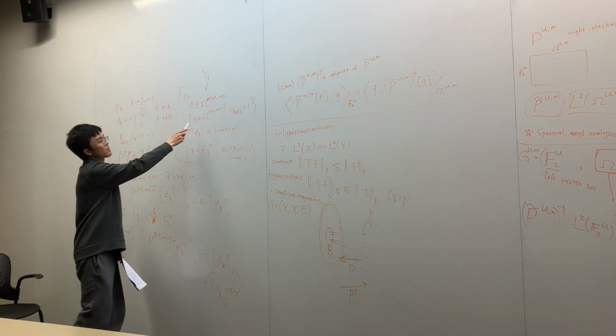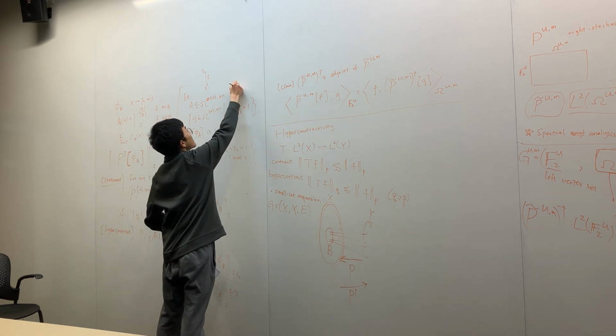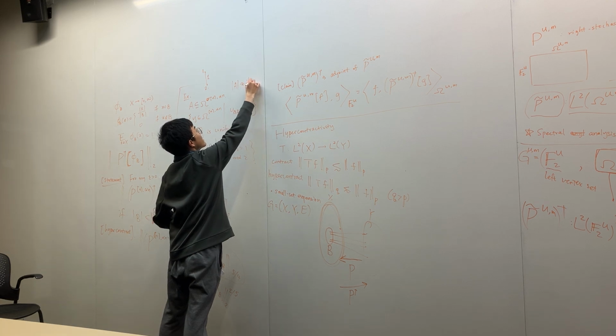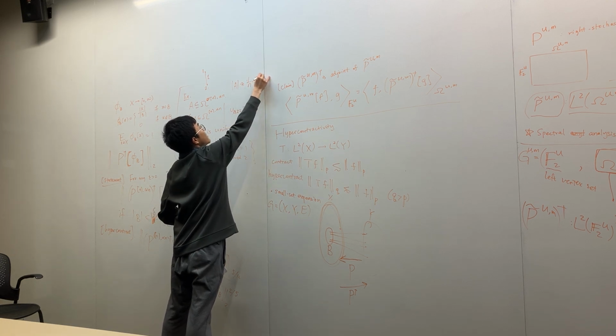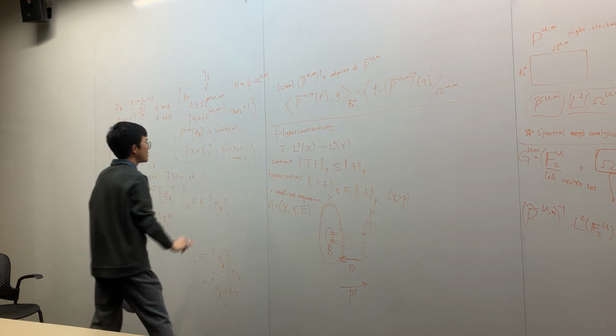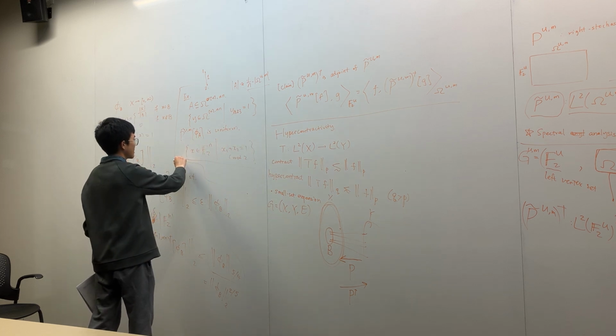So this set is not really small, it is like maybe 1 over n times the total space. But this distribution is far from uniform.